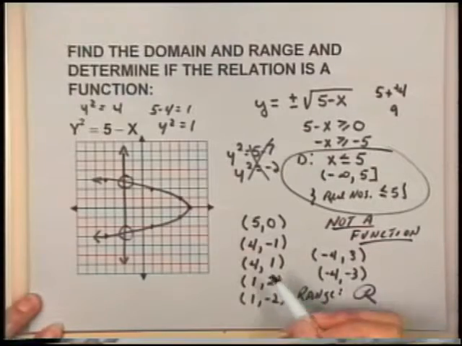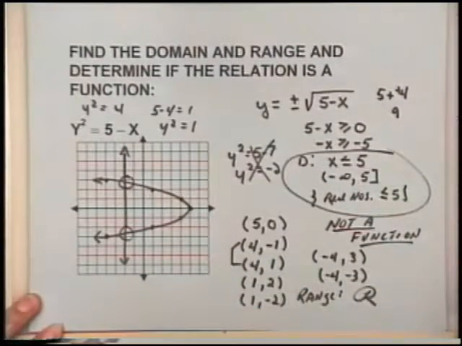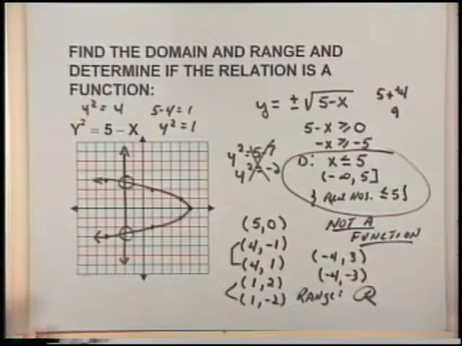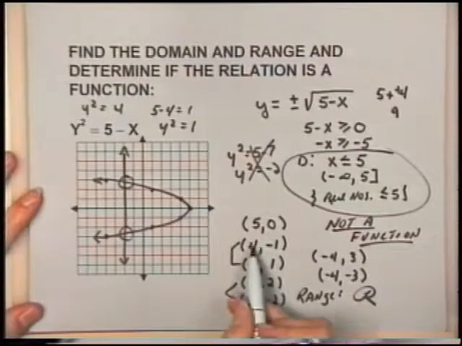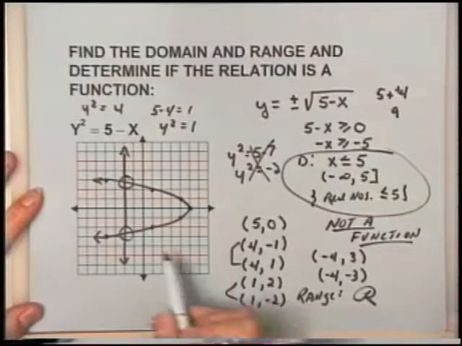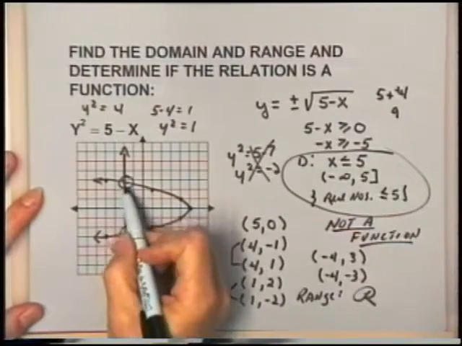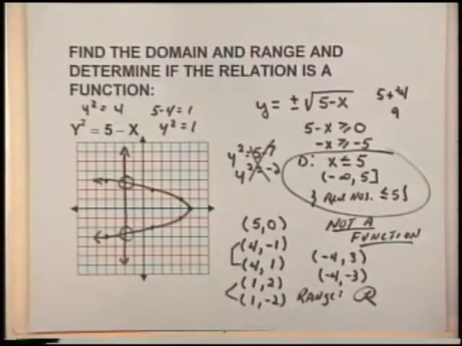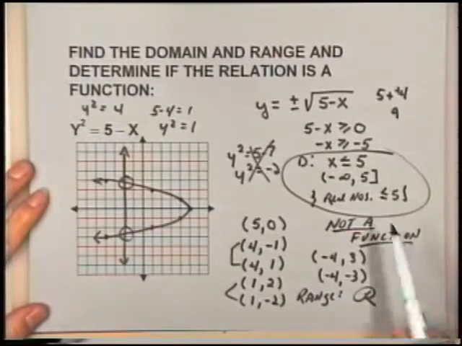We, of course, determined earlier it's not a function because we had these ordered pairs here, and of course here's other examples where we have the same first coordinate. And of course, having the same first coordinate is what created these points that were in a vertical line from each other and caused this vertical line to cross our graph more than once.